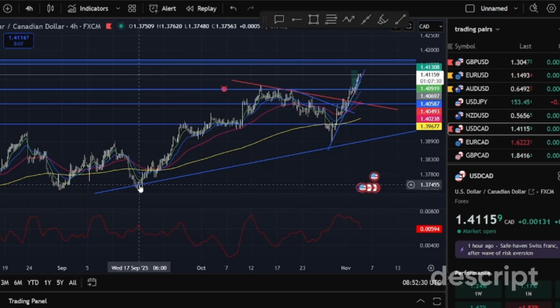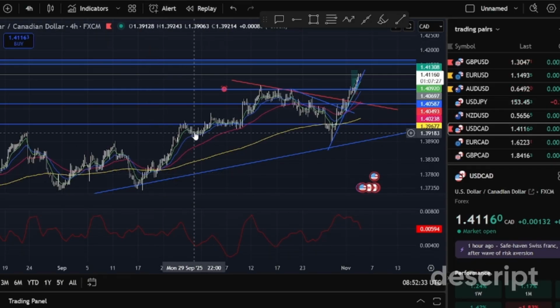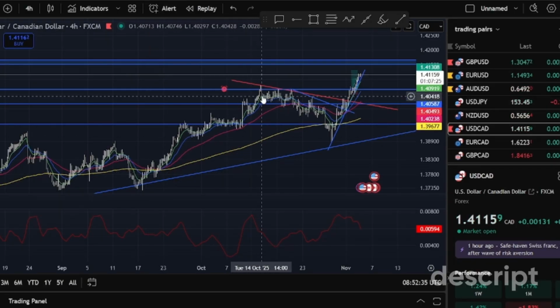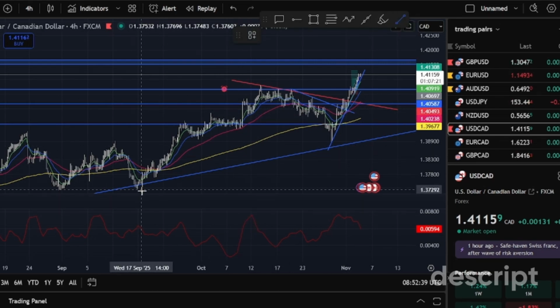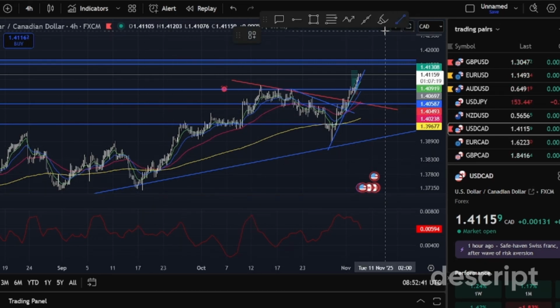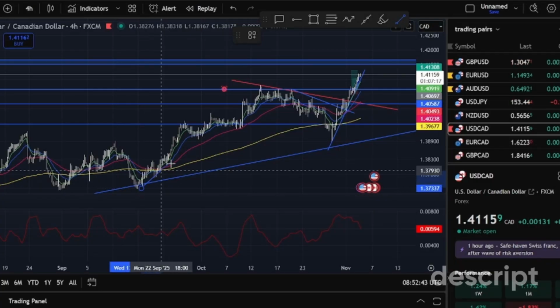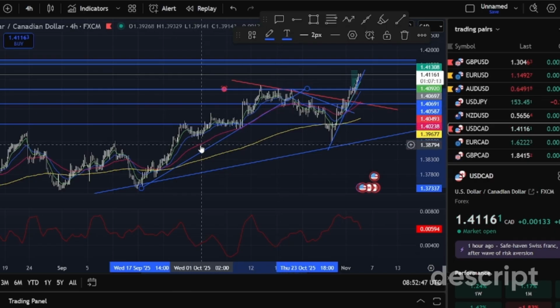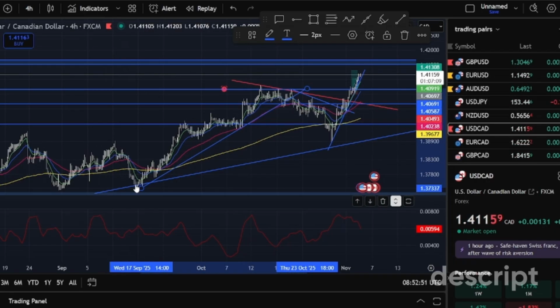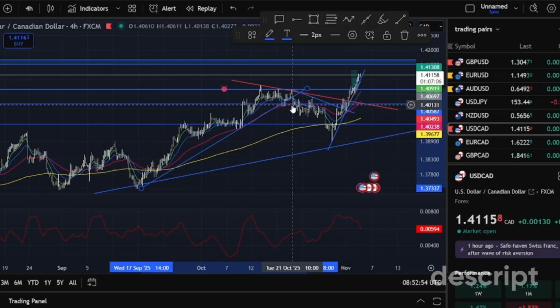Now, if we look at this internal structure, this shifts bearish. Let's do a visual example with a trend line. As you can see, this smaller bit of structure, this internal push up, switched bearish.